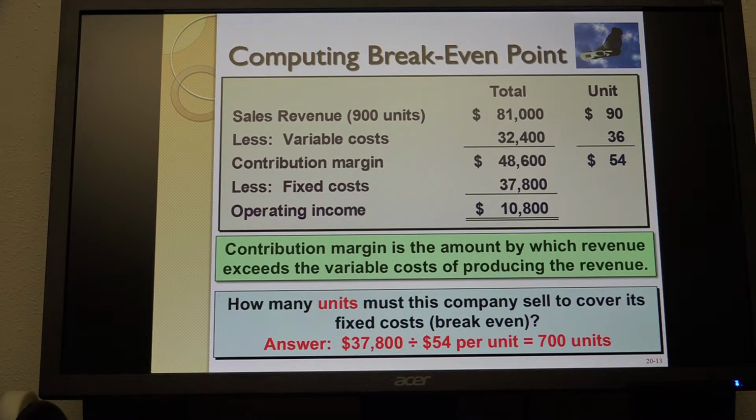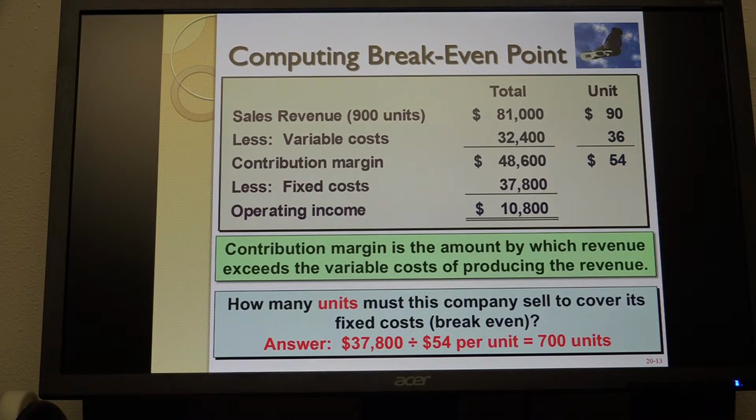63,000 less 700 times 36, what is that? $25,200 would be your variable costs.